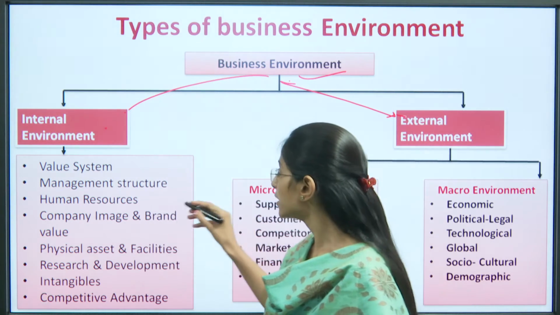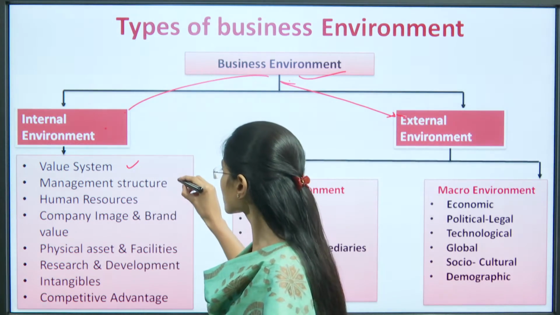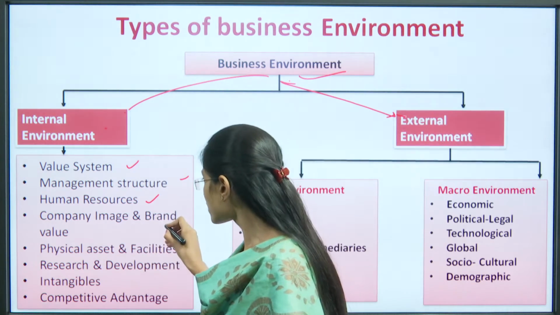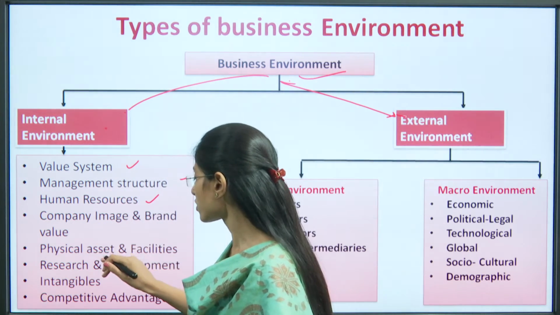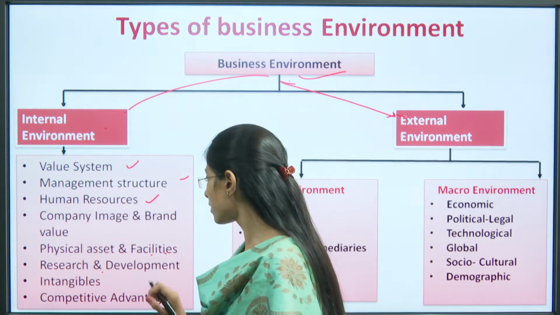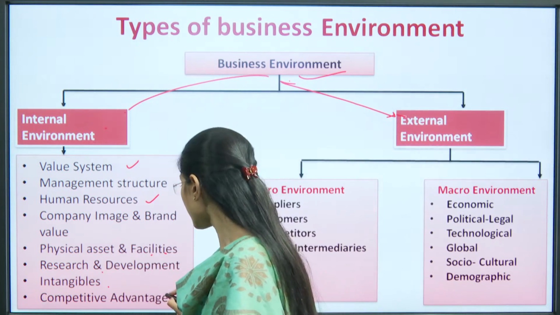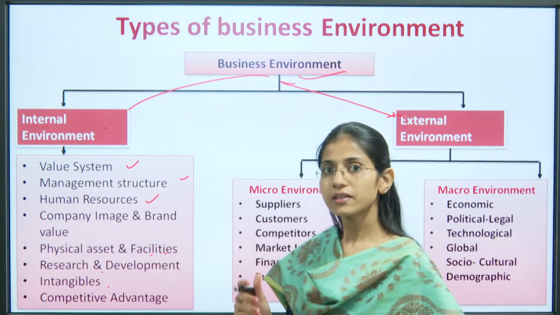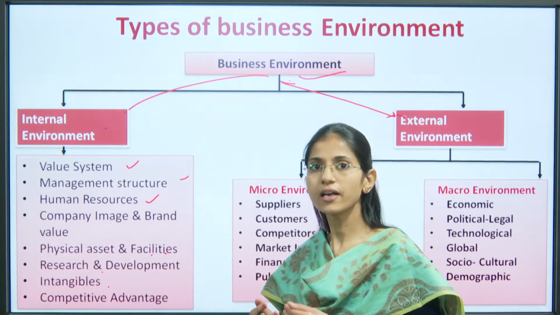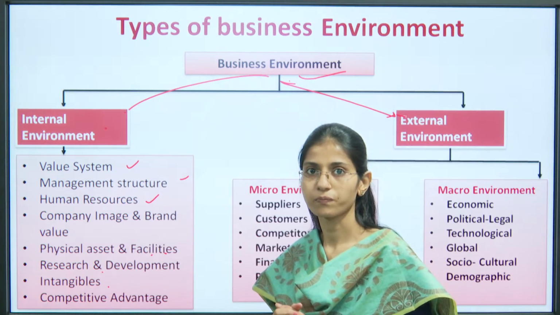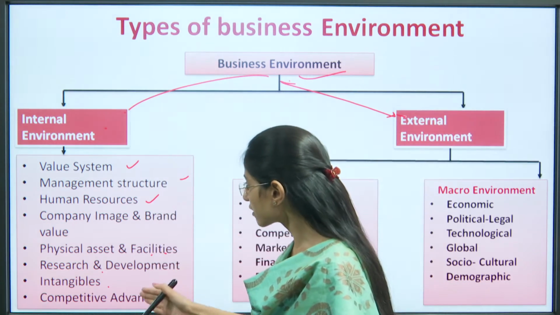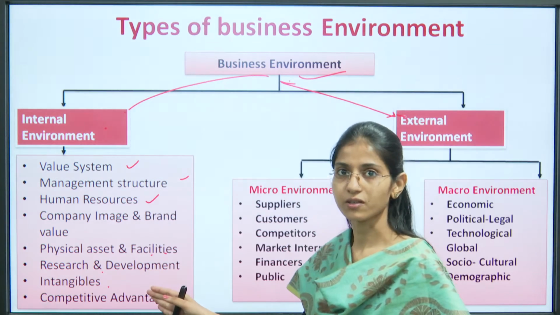As you can see, the value system, management structure, human resources of the organization, company image and brand value of the organization, physical assets and facilities, research and development, intangibles and competitive advantage. These are all the factors or components which are internally connected to an organization, or we can say that these factors are under the control of the organization.